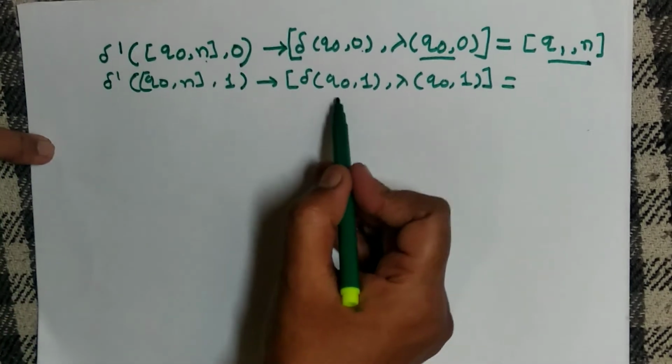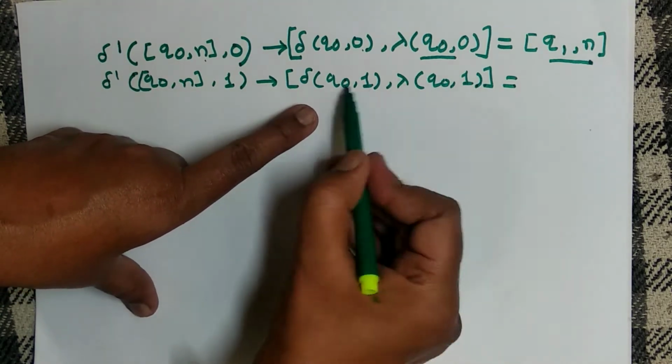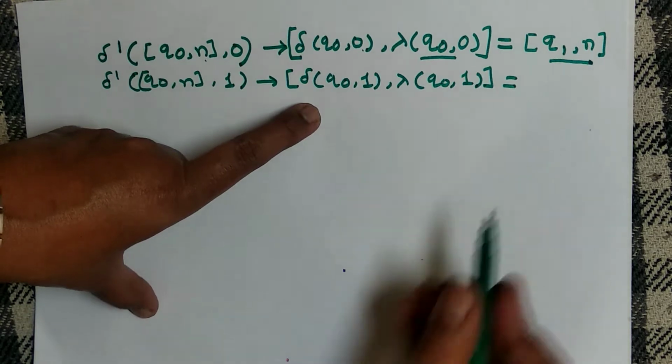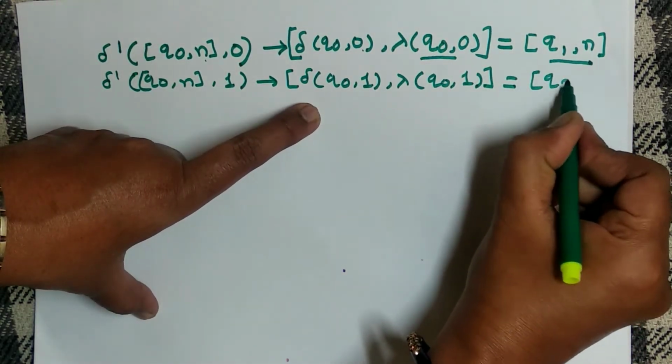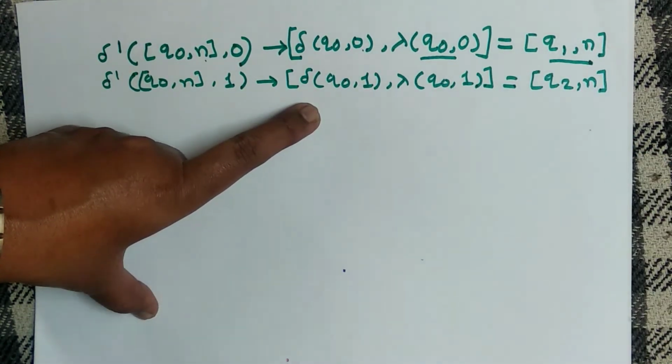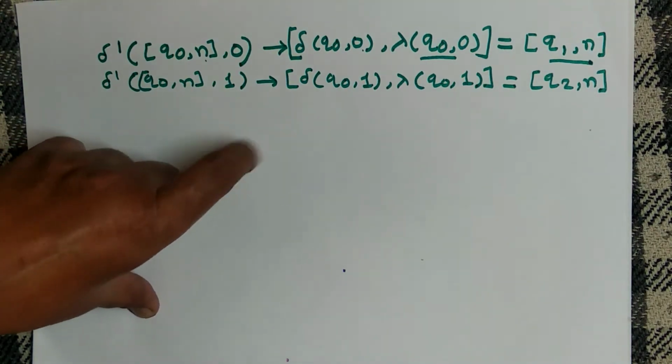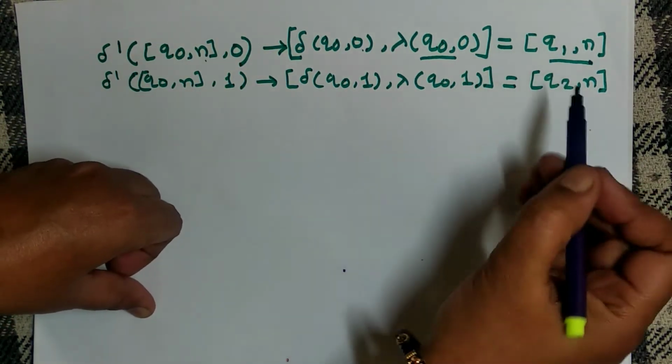Then, by checking these transition functions in the diagram, we will get the combination as Q2, n. Next, what do we get? We get these two new state combinations.